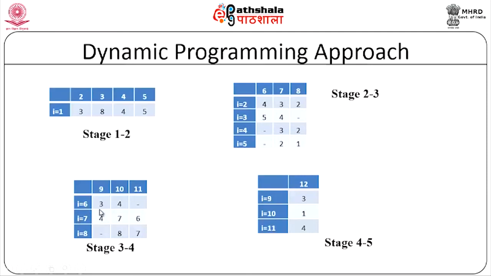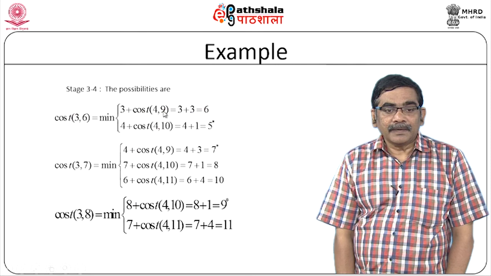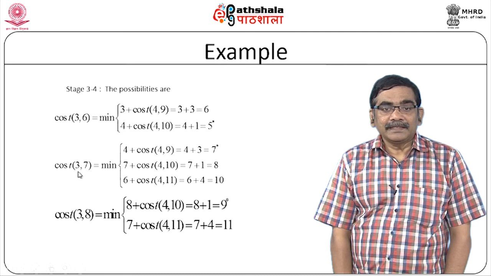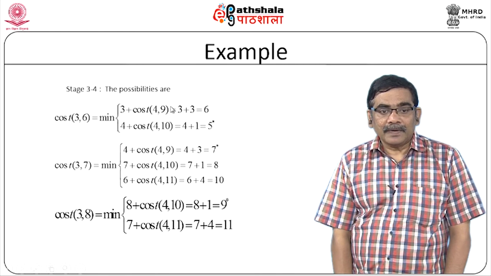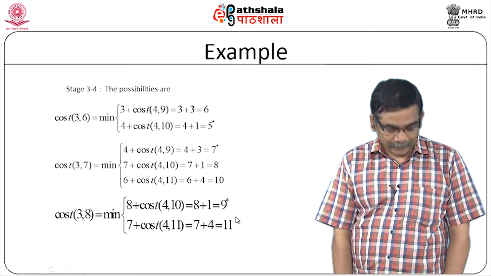So, that means it is going to be 3, then I have to find the cost of reaching your destination from the node 9. Similarly, I can find via node 7 and node 8. So, now I can compute all the things. Now, you can see very well you have the minimums of everything.